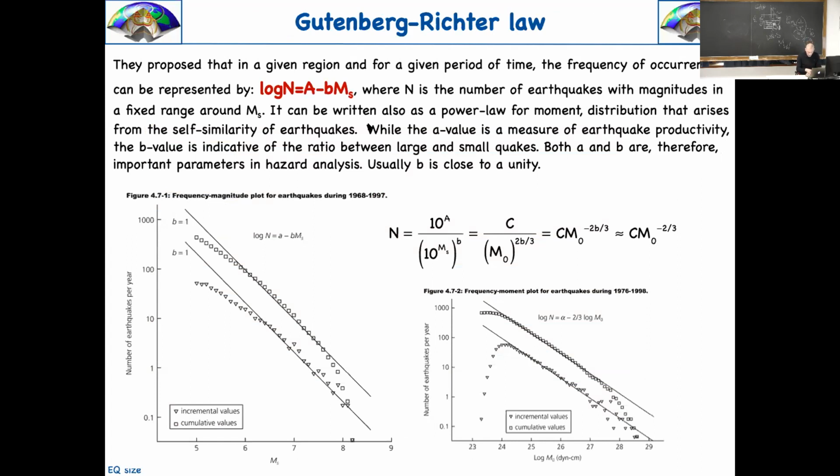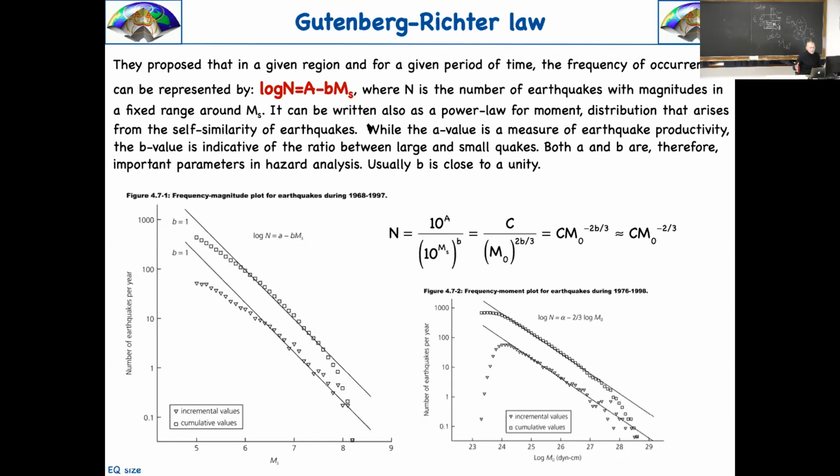The last two concepts in this lecture actually are representing a bridge to the lectures that we're going to spend on the next week. Because this law here, and I will just say a few words about it, is very important, has a deep signature on seismic hazard.